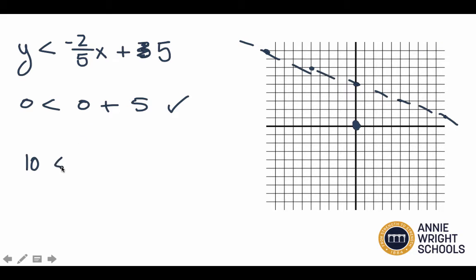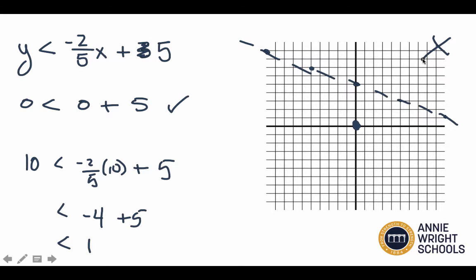Is 10 less than or equal to 10 times -2/5 plus 5? So you might start to see why you picked 0, 0. But -2/5 times 10, that's -4, plus 5, that's +1. Is 10 less than 1? No. So we don't shade over there, we shade over here.